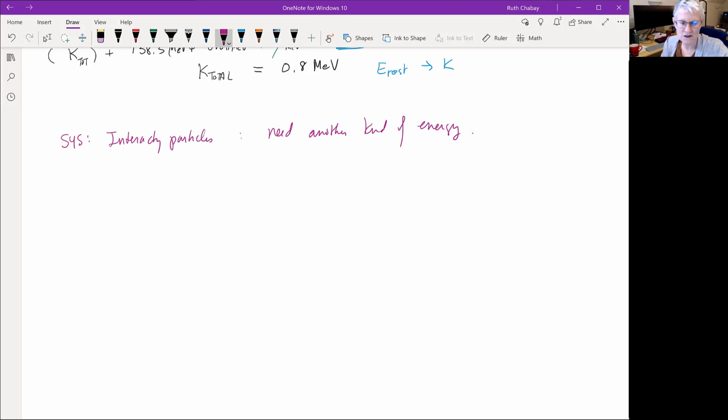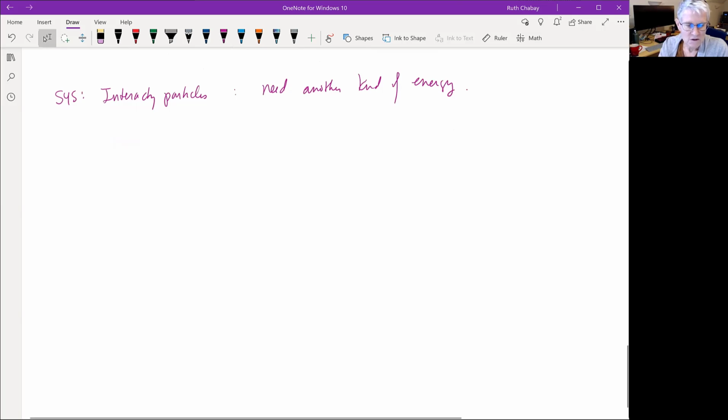And we can actually see this from a really, really simple situation. So let's consider an incredibly simple situation. We have the Earth, and we have a ball. And the ball falls toward the Earth.